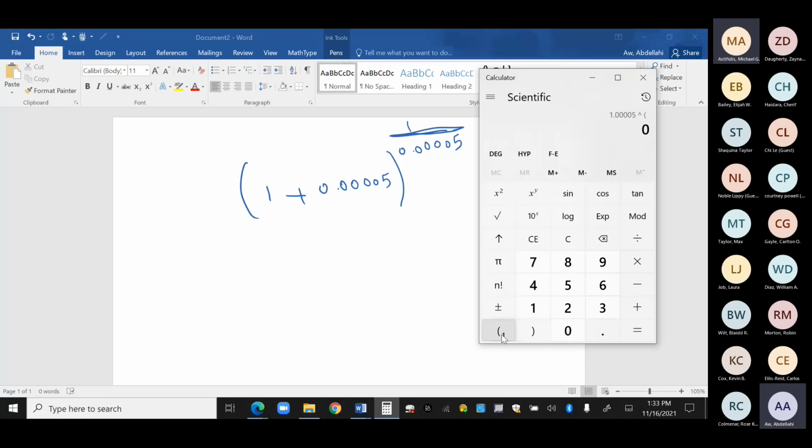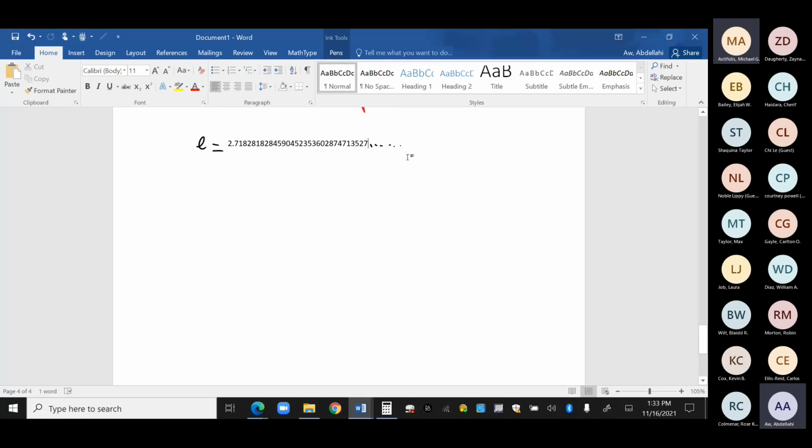Do you see how close this number is to e? Everybody see that? If I put them side by side, they are very close.